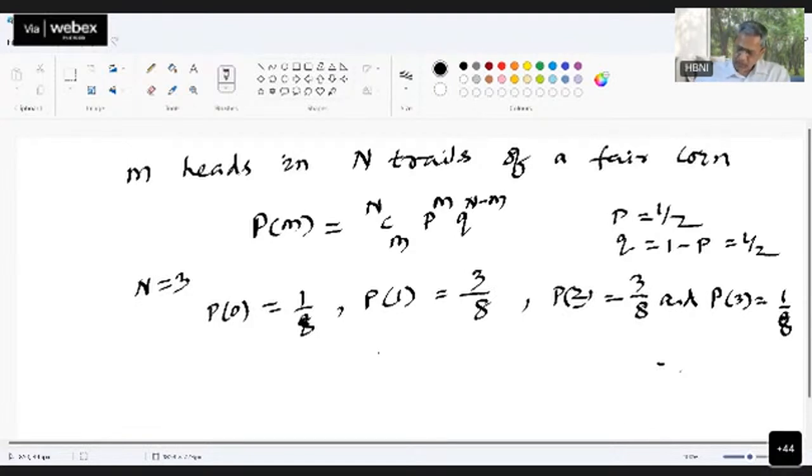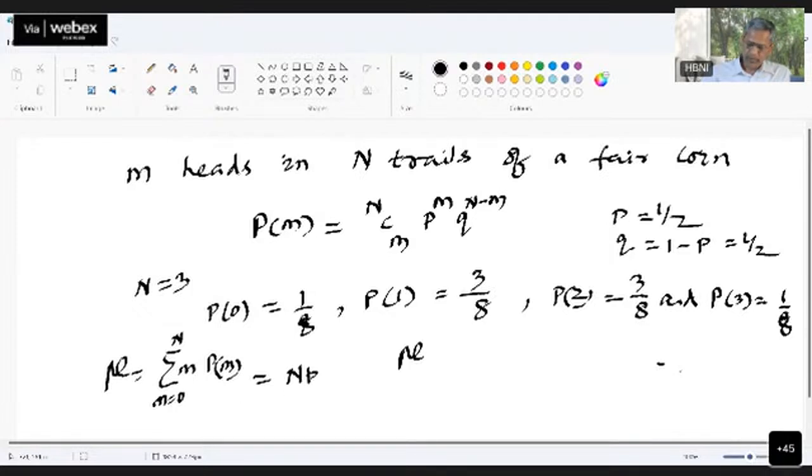Suppose you want to find the mean, you can always find it as the sum of m times P of m. That will be your mu, and this will come out to be np. You can calculate this.